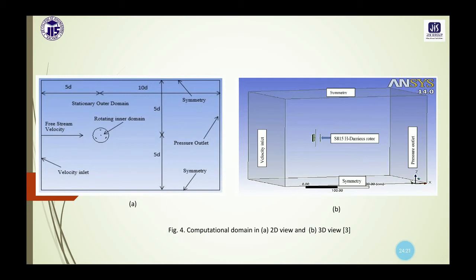Now the turbine circle, here at the top view of the turbine, inside this circle we have the rotating inner domain, but outside of this circle we have the stationary outer domain. All these things can be seen in this 3D view also for better understanding.